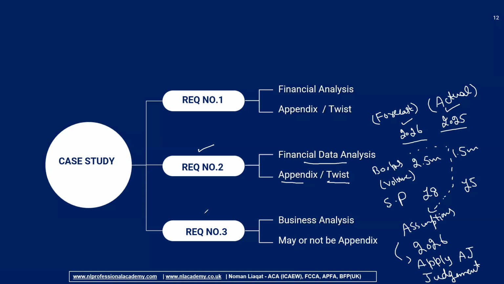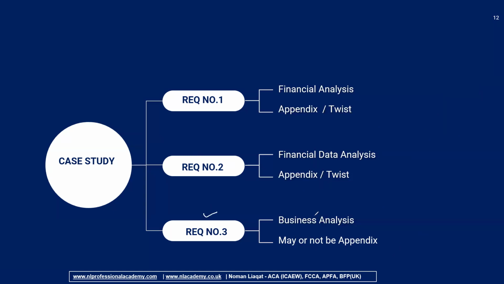In third requirement, we have business analysis. Business analysis doesn't mean we need to remember or recall something. Here we need to apply some sort of business model, just to identify something.